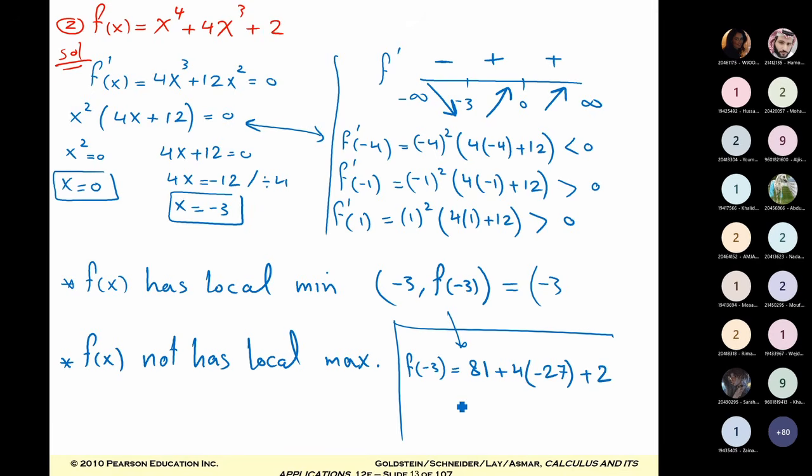So we have 81 minus 108 plus 2, which equals negative 25. So the minimum point is negative 3 and negative 25. Just minimum. Any question?